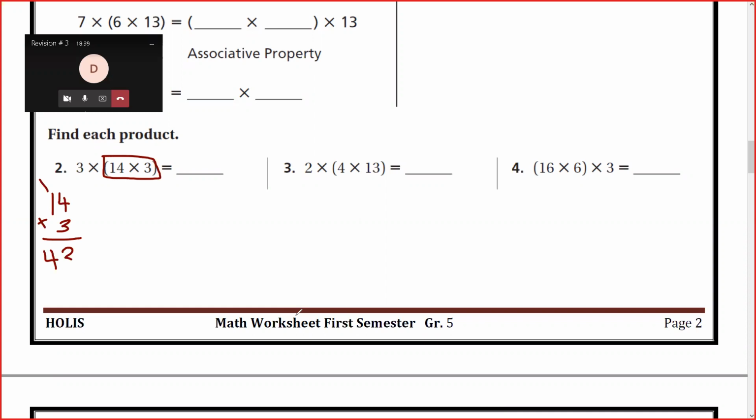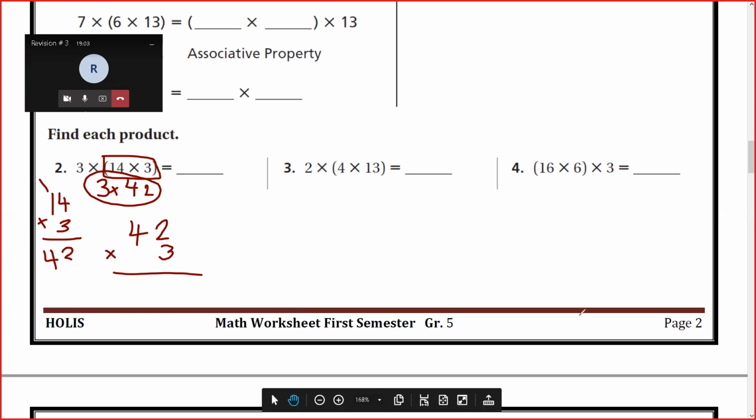Bravo. Okay, 42. Then the answer of it, which is 42, what do you have to multiply it with? With 3. Bravo. 42 times 3, 3 times 2, 6. 3 times 4, 12. 126.